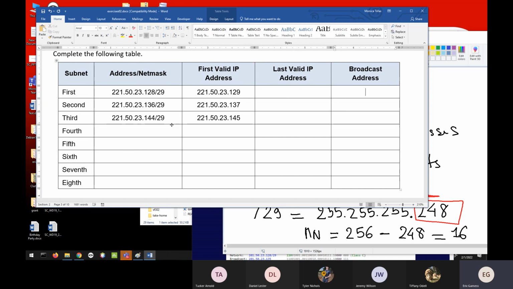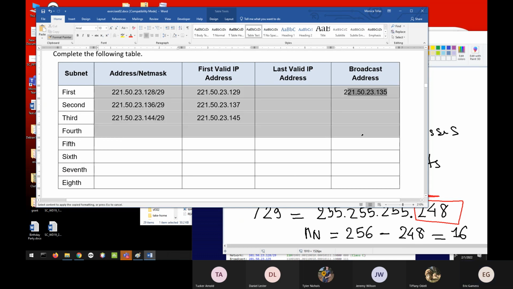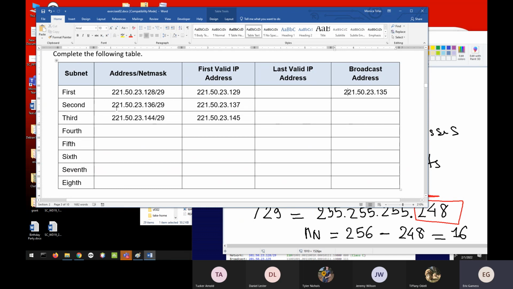The broadcast address before 136, we will have 221.50.23.135. Then one IP address before this one, let me just copy it and paste it here, will be 143.